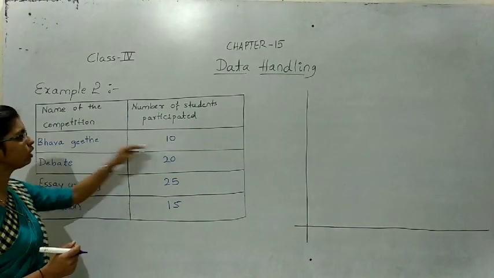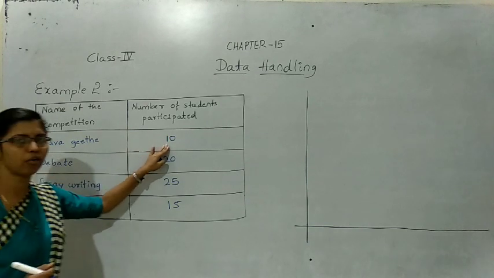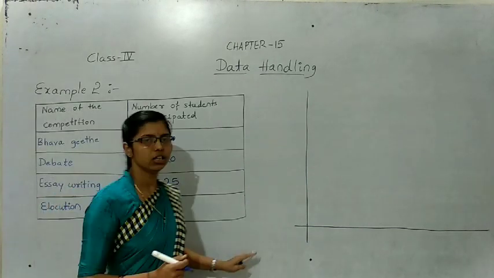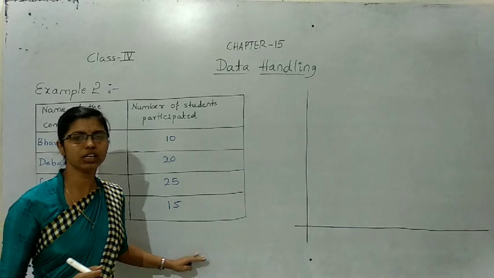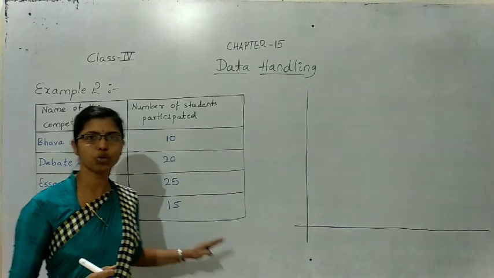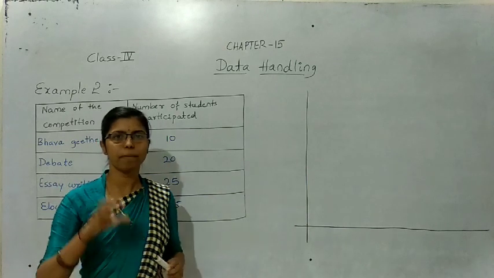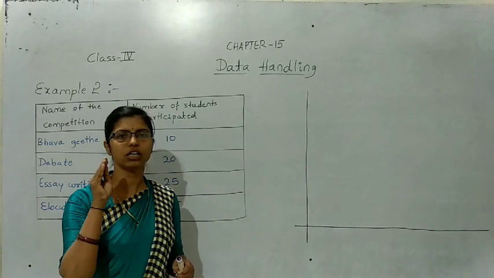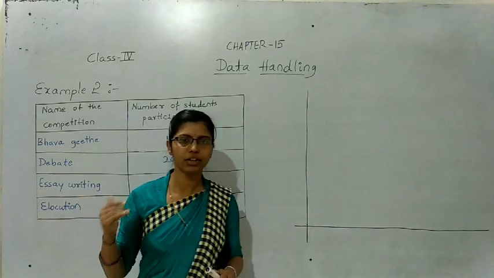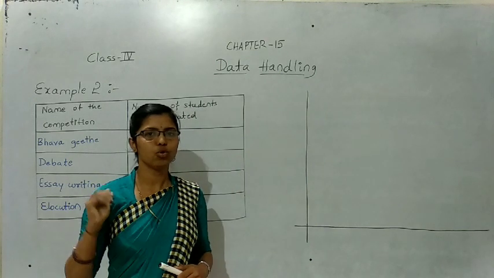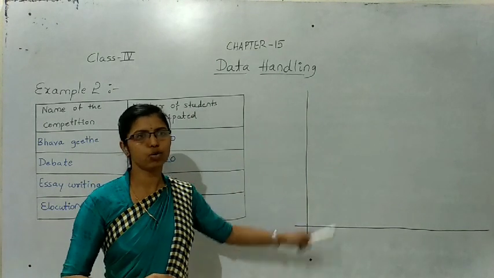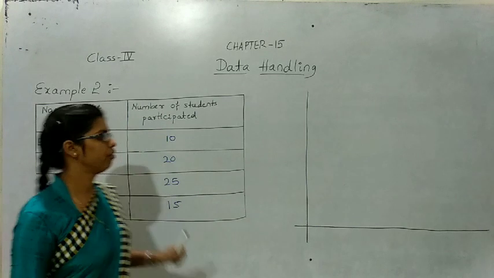The 10 members of Bhavagite participate from the school because in the annual cultural program they arrange competitions for the students. How many members participated in each competition is given in the table. So by using the table, you should draw the bar graph.